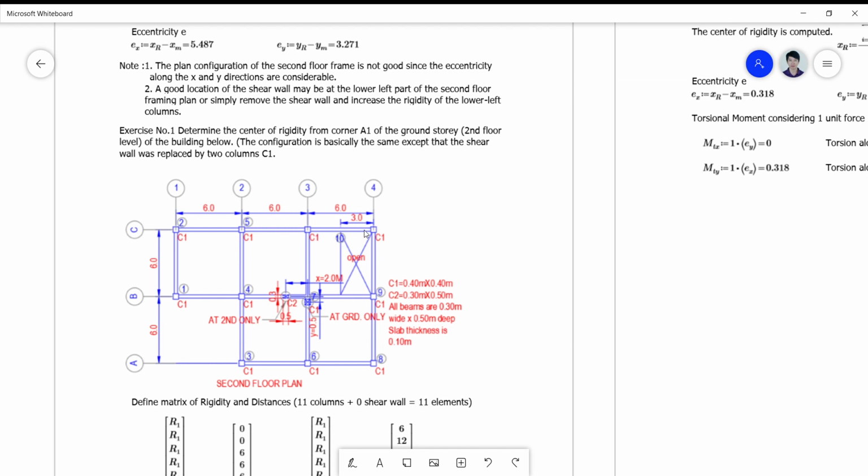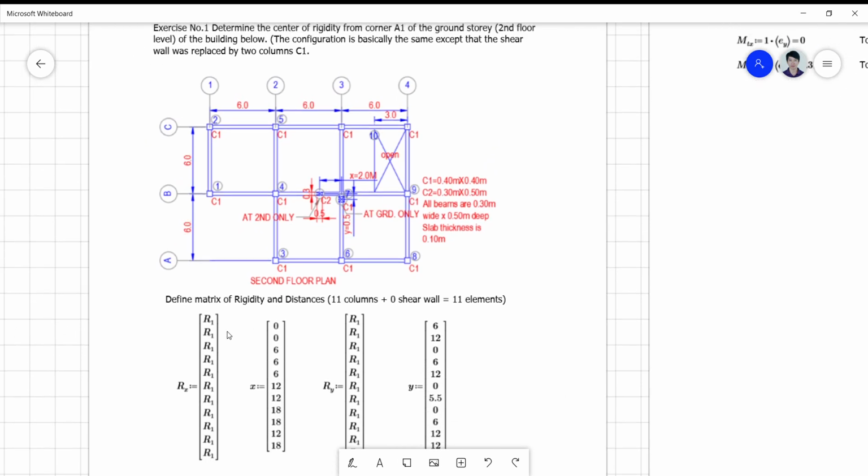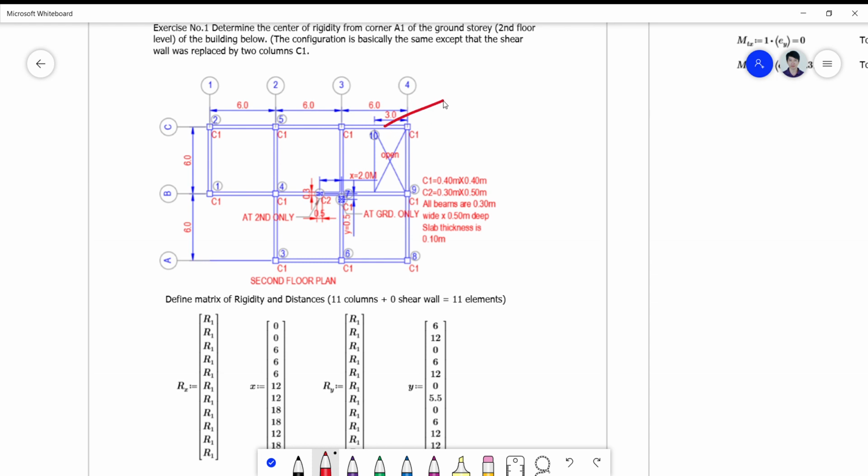Okay, so there's no shear wall present, so you might as well remove it. Okay, so I just removed the shear wall. So this 10 here was removed, but a column 10 and a column 11 were added there.